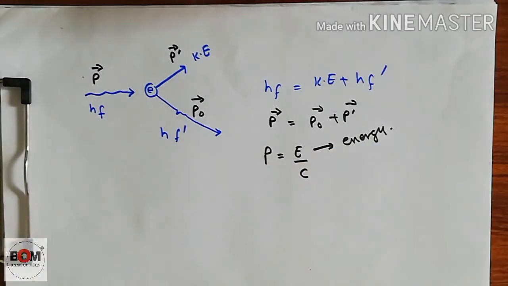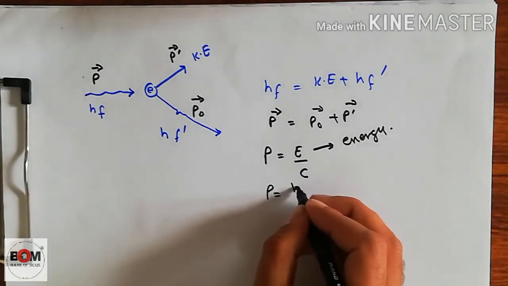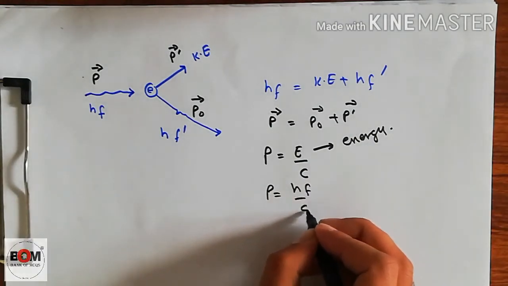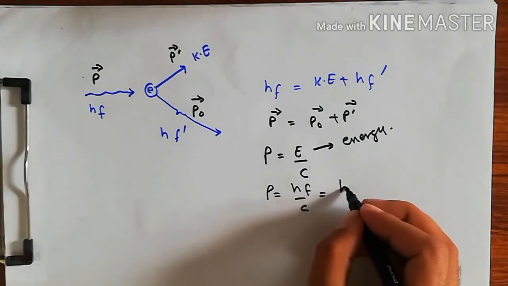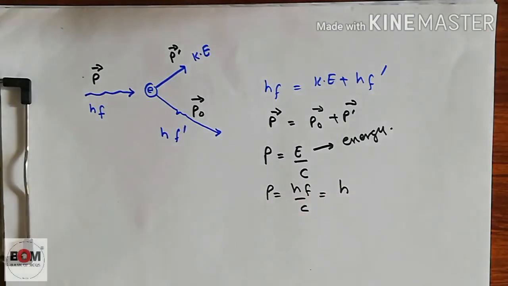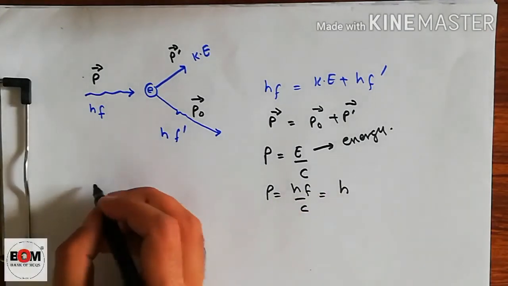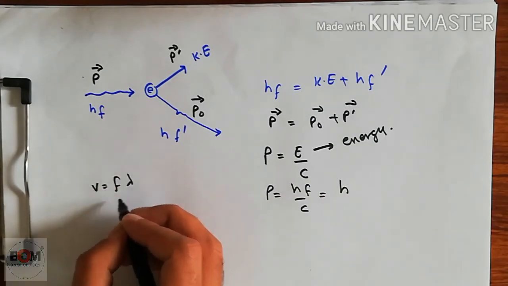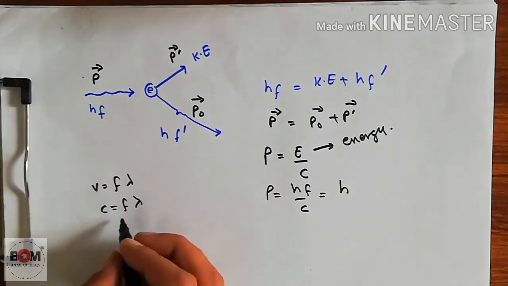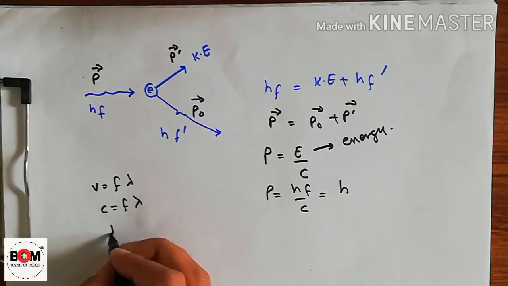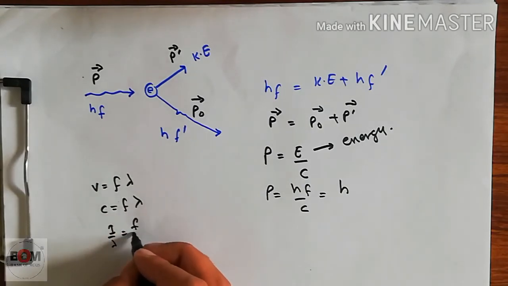So we can also write that P is equal to hf by C. We know that C is equal to f lambda, so 1 over lambda is equal to f by C.